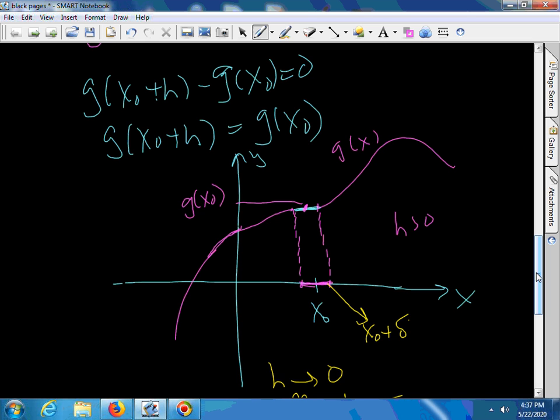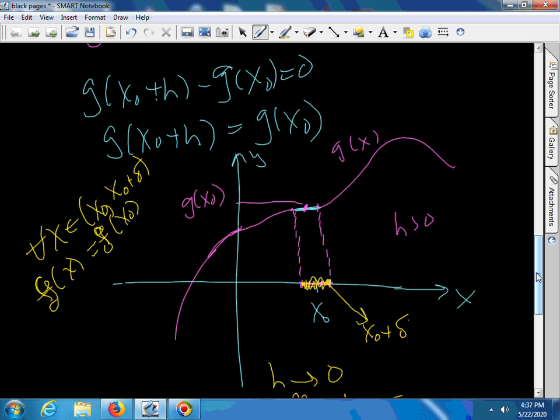But for all x in, let's say the other side, well, for all x in x0 plus delta, g of x is equal to g of x0.